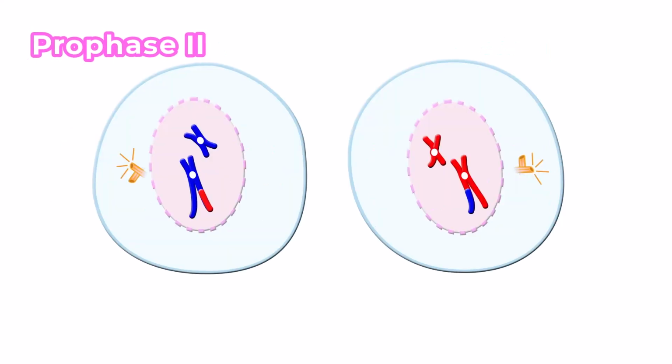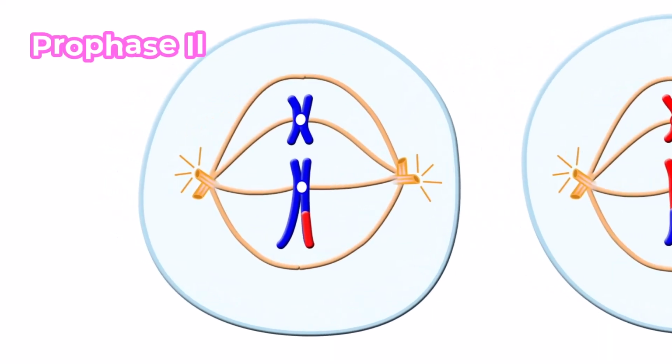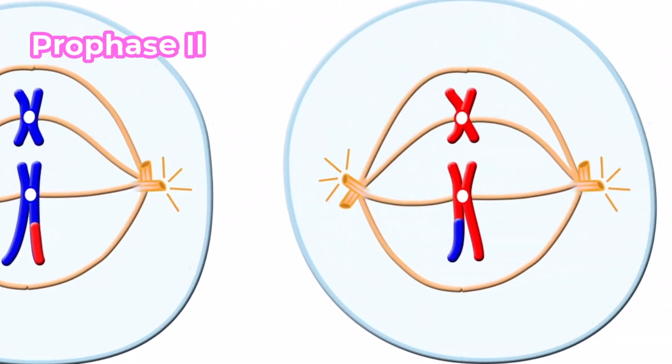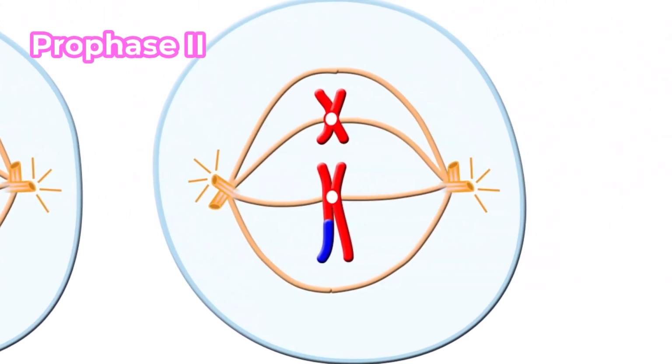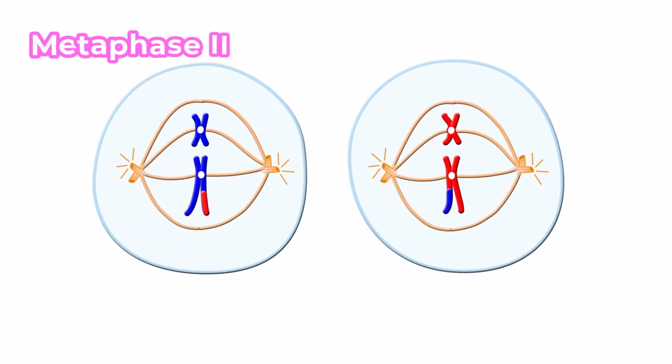In prophase 2, new spindles are formed, and microtubules from these spindles attach to the kinetochores. Each sister chromatid forms an individual kinetochore that attaches to microtubules from opposite poles. In metaphase 2, the sister chromatids line up at the equator of the cell.